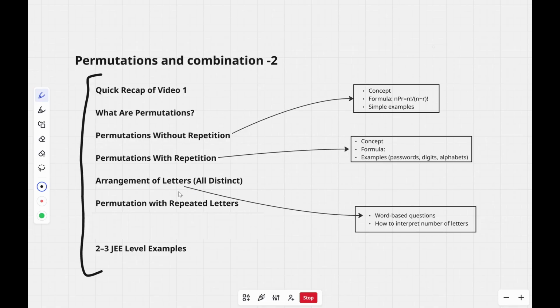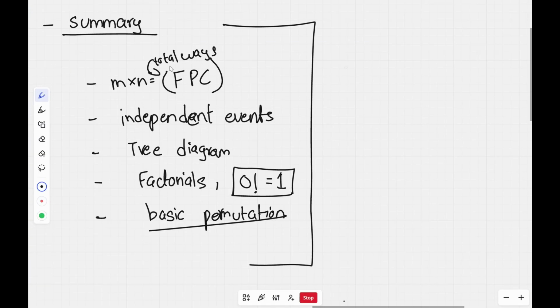Alright, so these are the topics we are going to cover today. But before that, let's have a small recap of our last video. Here's where we ended our first video. This is the summary, so we'll just recap this and then move on. First, we learned about the fundamental principle of counting, where m into n is equal to total ways, where m and n are independent tasks. Then we learned what independent events are, with the same m and n example.